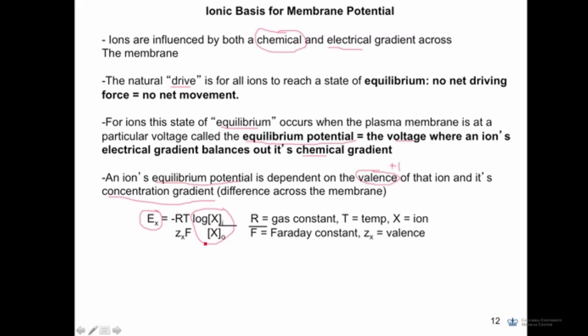So this represents that concentration gradient. And then if we look at this part of the equation, V sub x, that stands for the valence. And then these other factors in the equation are two constants, and temperature. So the major factors that contribute to equilibrium potential are the concentration gradient and the valence of the ion.